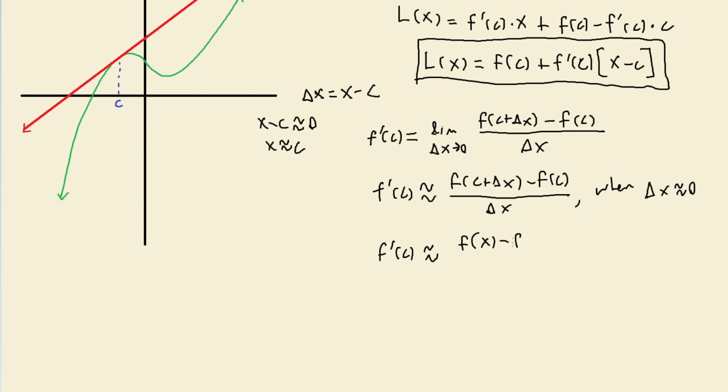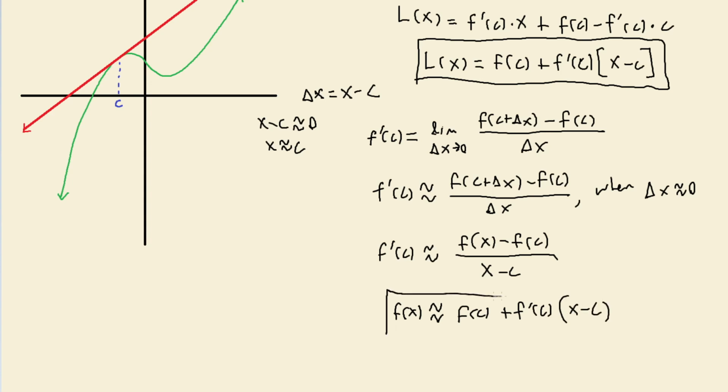And then I would be subtracting f of c, and then dividing by delta x, which is just x minus c. And now I'm going to multiply both sides by x minus c, and add f of c. And what I'm going to get is that f of x is approximately equal to f of c plus f prime of c times x minus c.